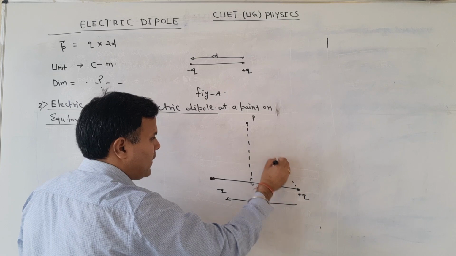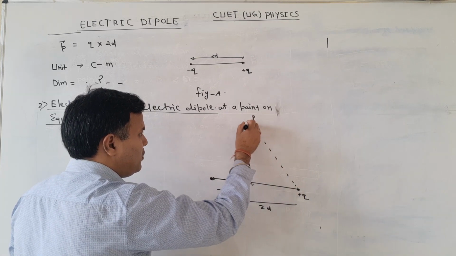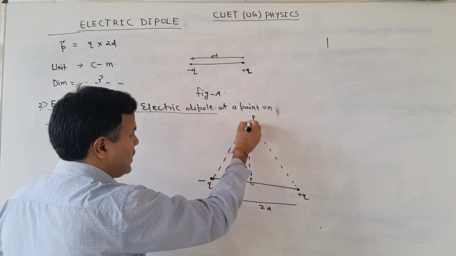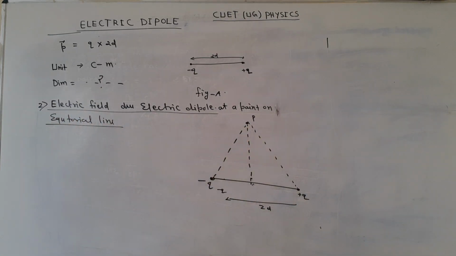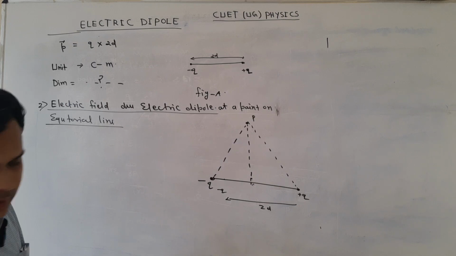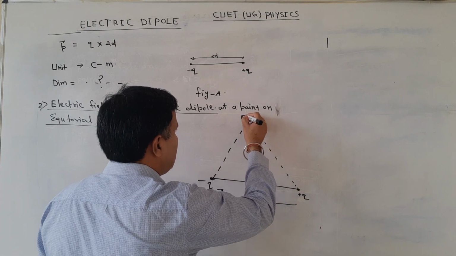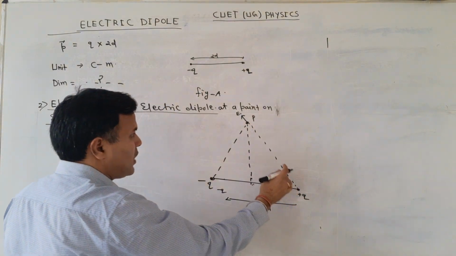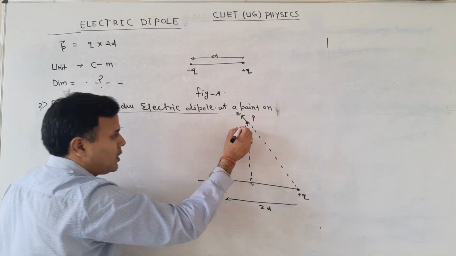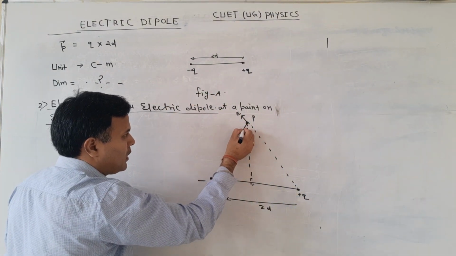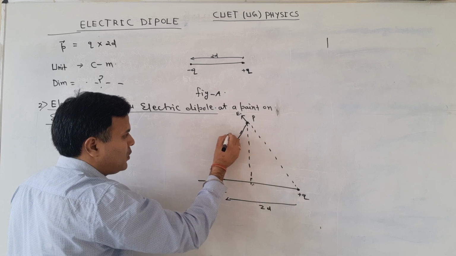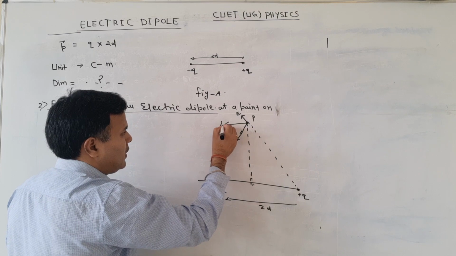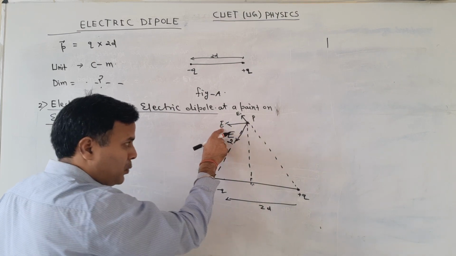So this is due to plus charge, this is due to minus charge, and this one is E1. Because this is positive charge, the electric field is away from this charge, and this is negative charge, so the electric field direction is towards the charge, and this one is the electric field at this point, and we want to find out this.